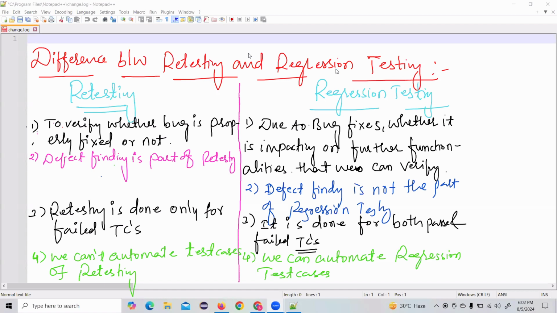Which point is not valid? Have you ever created a retesting suite in automation? Where have you written it? Retesting focuses on validating.